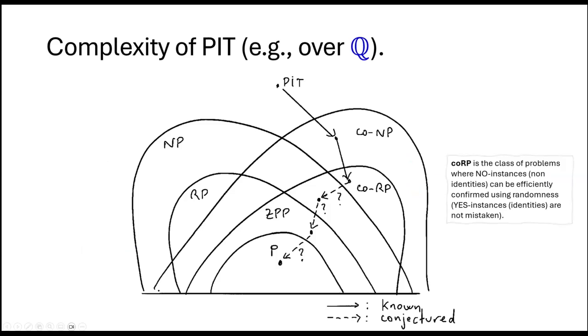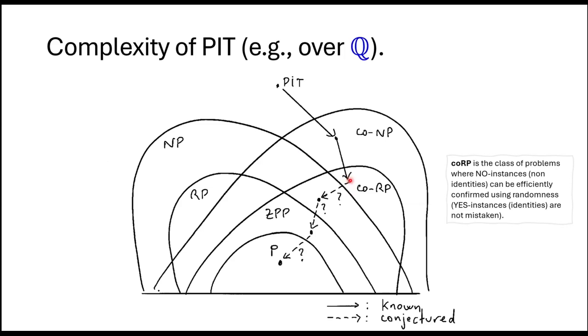What is the complexity of PIT? Let's assume over the rationals. This problem is known to be in co-NP, as written here. It's also known to be in co-RP, and co-RP is explained here as the class of problems where no instances, the non-identities in this sense, can be efficiently confirmed using randomness.